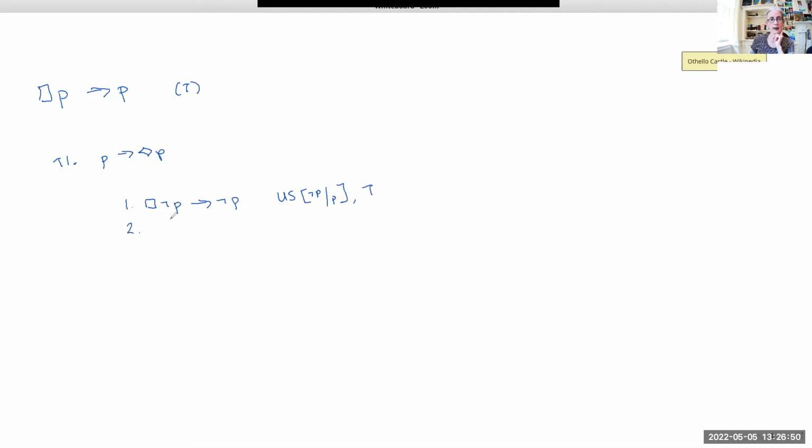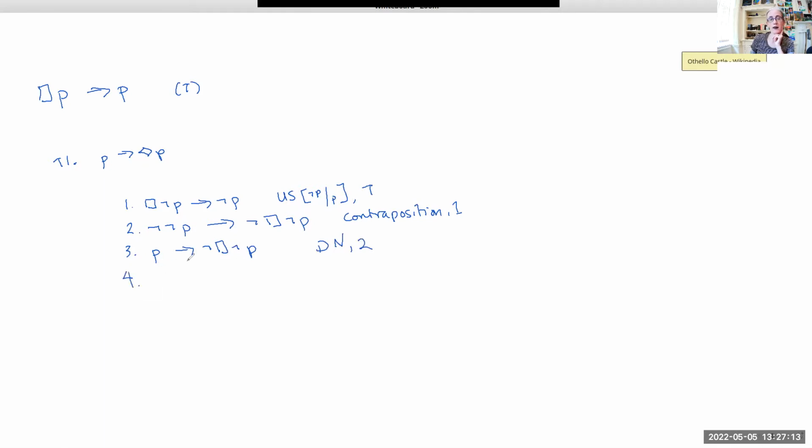Contraposition says that if you've got a conditional, you can swap the antecedent and consequent and stick negations on both of them. So contraposition, line 1, and then I'm going to get rid of that double negation because propositional logic also allows us to do that.